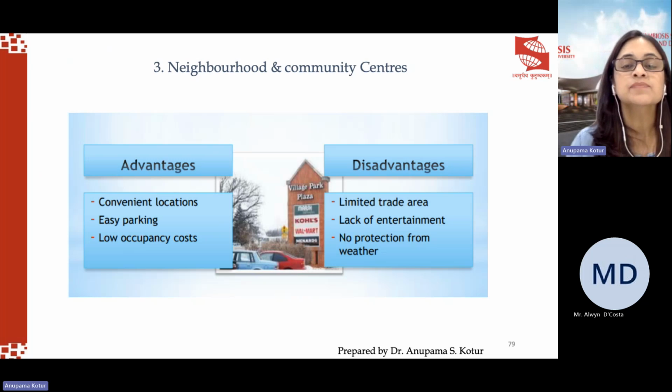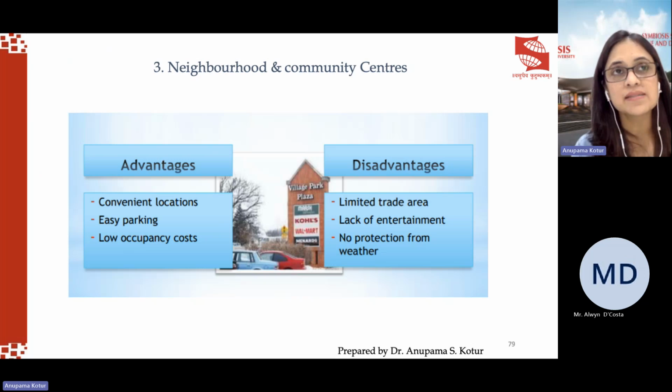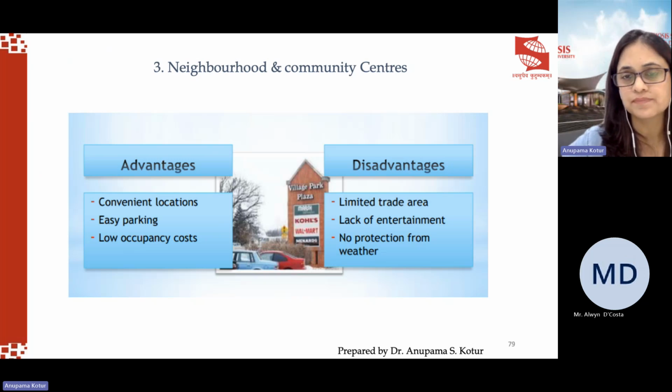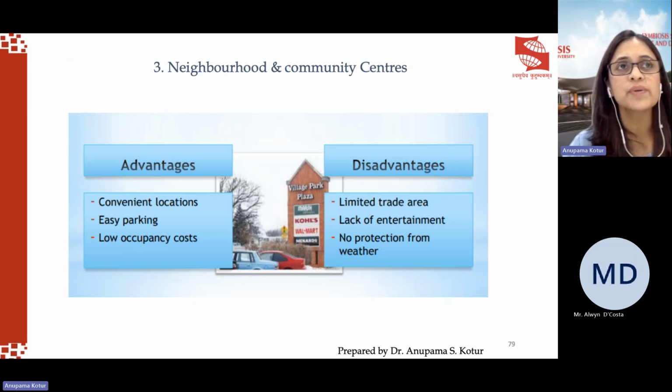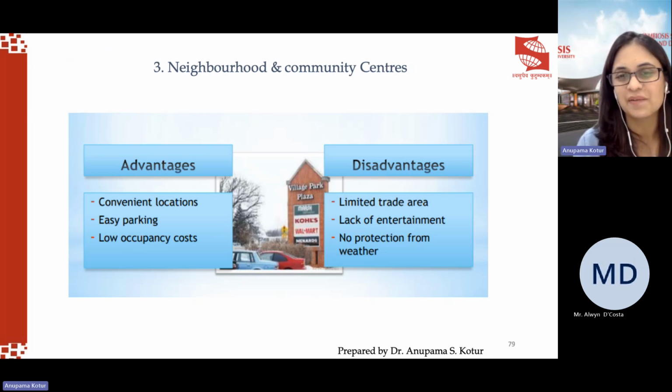Community centers are very commonly seen in the US, at least, I am talking purely out of experience of being to these places. One of the places that I remember going to in Atlanta, Georgia, is a community center, which is more of a shopping complex of sorts, right?